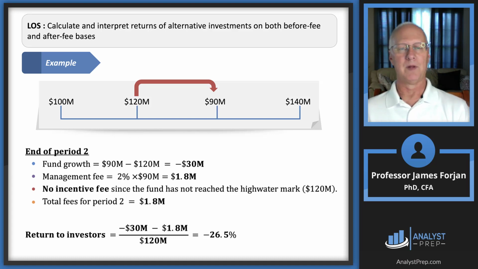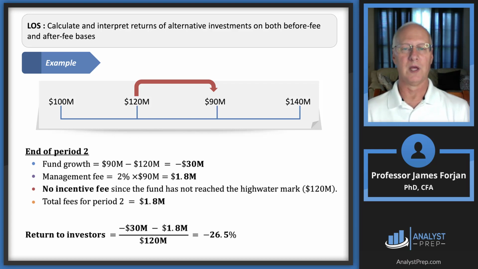All right, so what happens during period 2? We go from 120 down to 90. So there's a minus 30. Management's still going to take its fee, 2% of that ending value, 90 million. So there's the 1.8. No incentive fee, right? No incentive fee. So we haven't reached that high water point. And that high water point was established by the ending value at the end of time period 1.